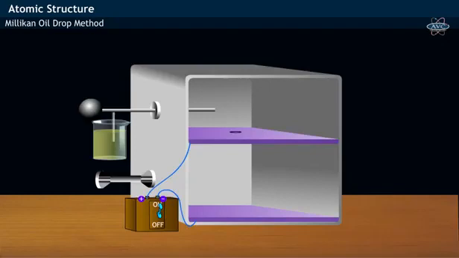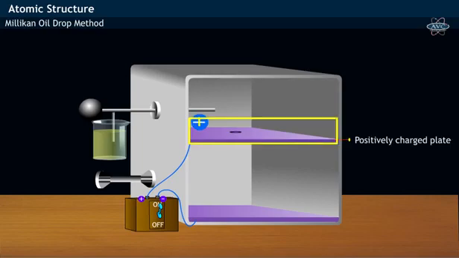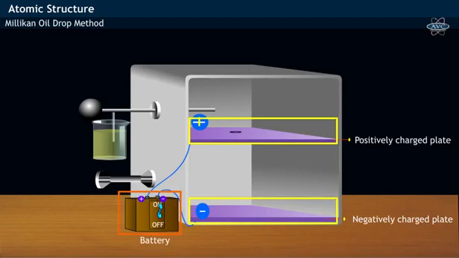The setup of Millikan's experiment shown consisted of two plates, a positively charged plate and a negatively charged plate. These two charged plates are in turn connected to a battery.